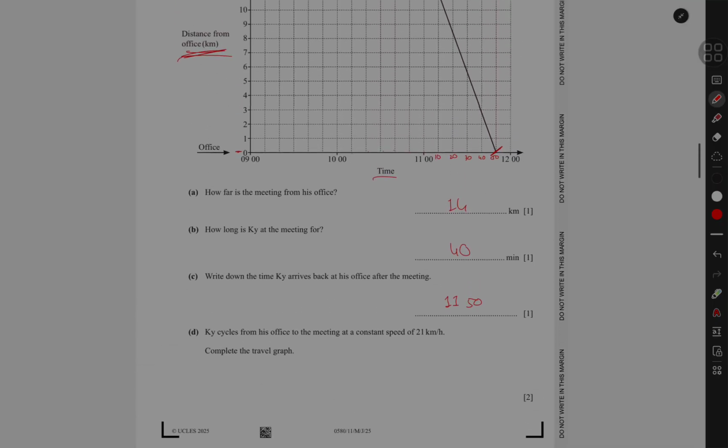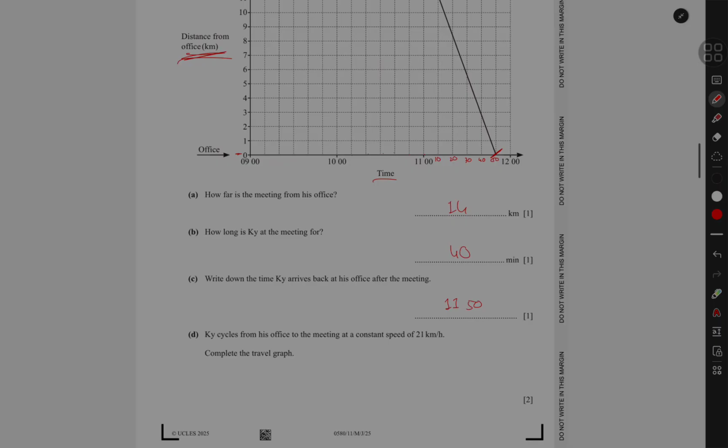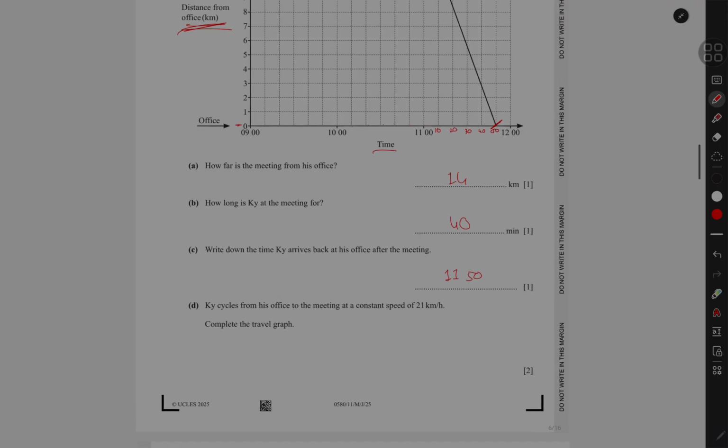Next, KY cycles from his office to the meeting at a constant speed of 21 kilometers per hour. Complete the travel graph. This question is a little bit tricky, but let's see.